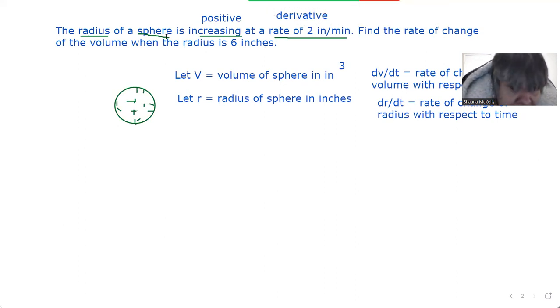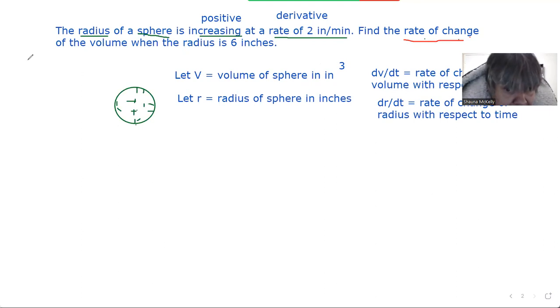Now, it says find the rate of change. Oh, okay. So here's another rate of change over here, right? There it is. Find the rate of change.